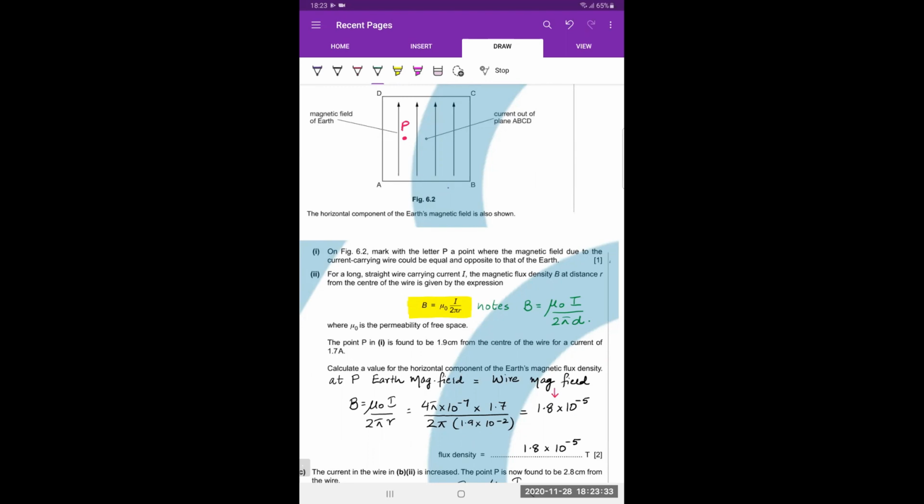Right, so no difference, it's the same thing. In the notes, we used the symbol d for distance, and out here they are using the symbol r for the distance.